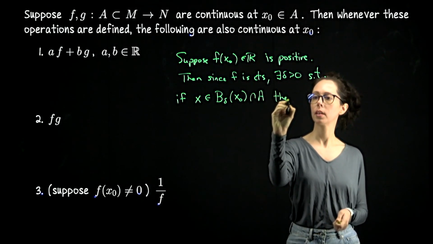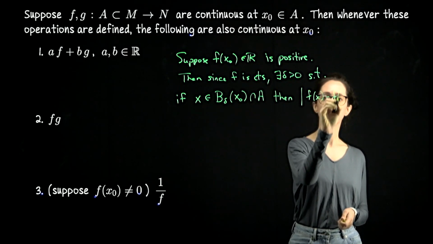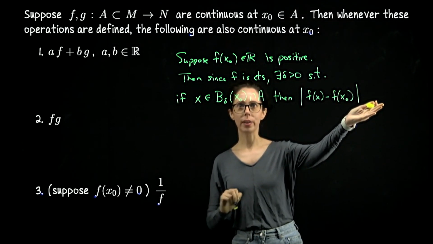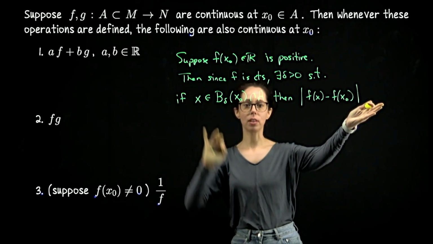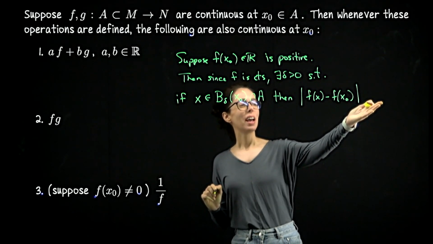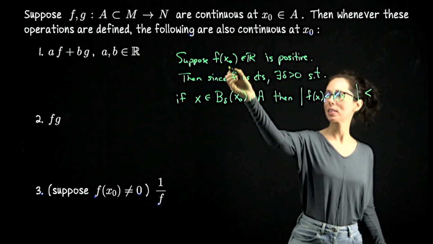then the distance from f of x to f of x naught, you might be expecting me to write less than epsilon over here, but I haven't even referenced an epsilon yet. Instead, I'm going to put a specific measurement over here, which is f of x naught divided by 2.